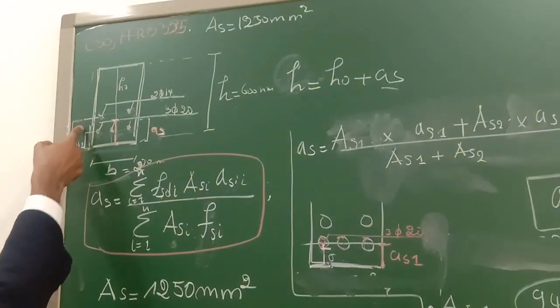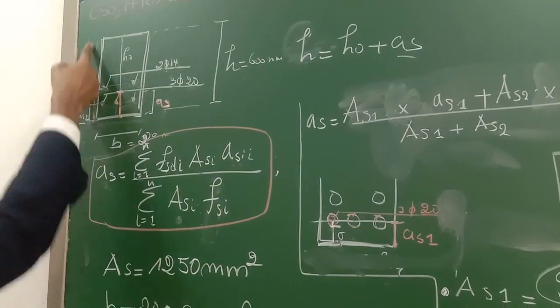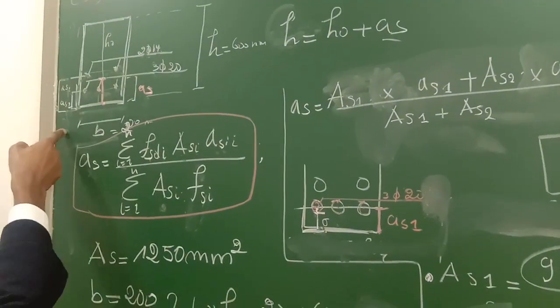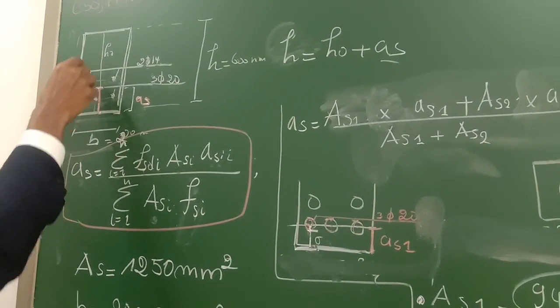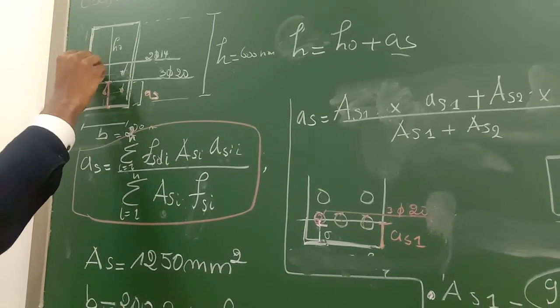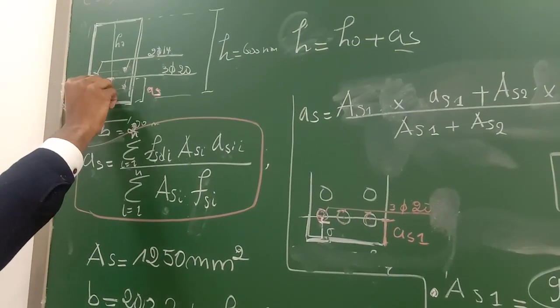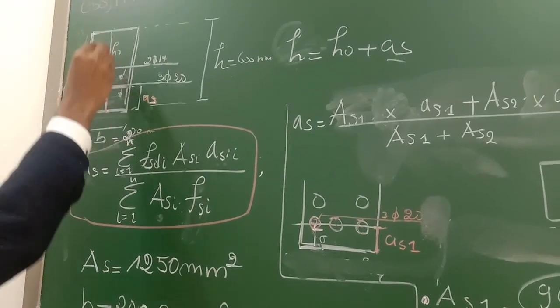So the total distance of the rectangular beam, minus AS, will give now this distance, the distance from the middle of the bar steel to the top.